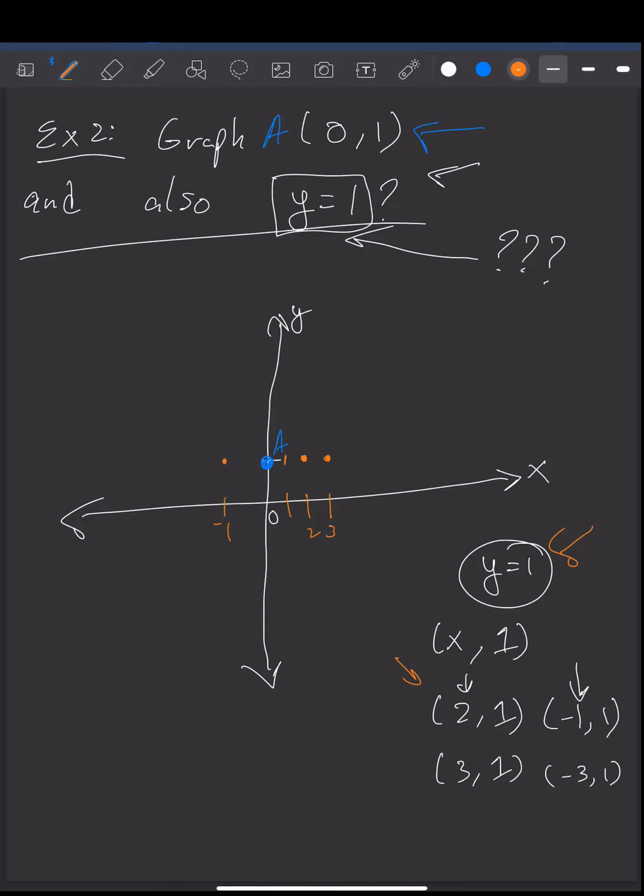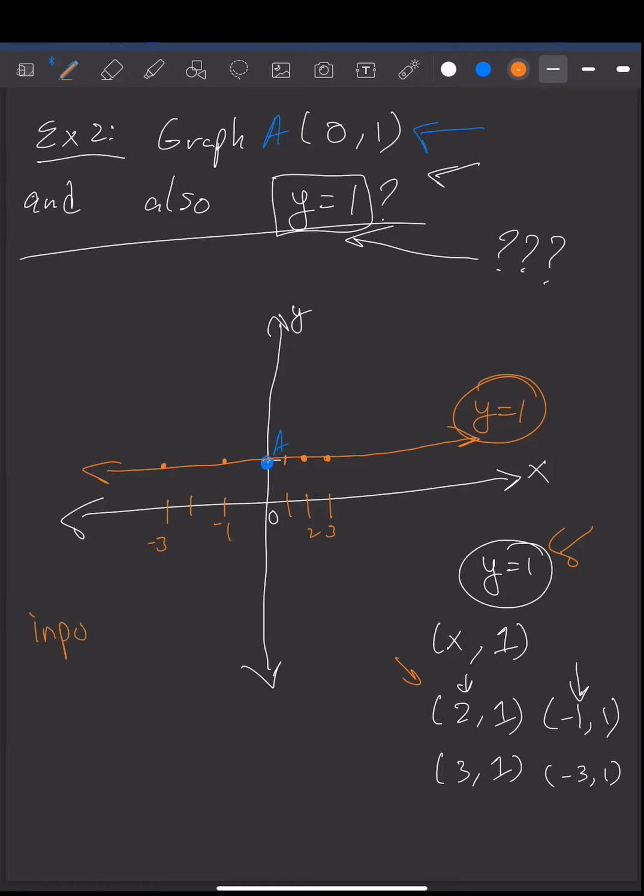And then we also have (-3, 1): -1, -2, -3, and then we go 1 up here. So we know that it doesn't matter what x is. This whole thing is going to be covered by the line y equals 1. Like I said, it doesn't matter what your x is, as long as your output is always going to be 1. And what I mean by output is your y.